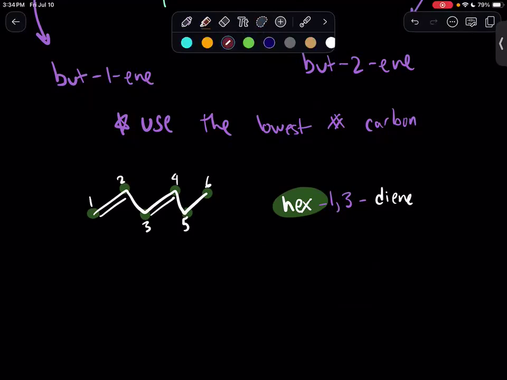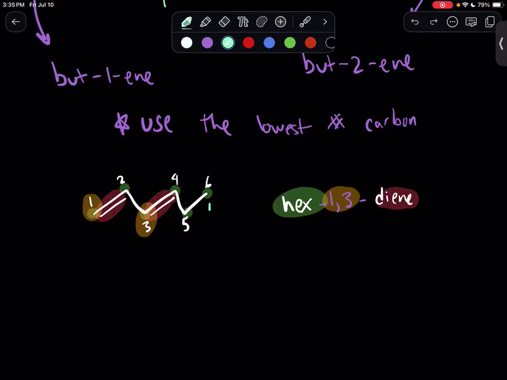And this is how we would refer to this molecule. So if we really go through it, our diene comes from these two double bonds. Our 1,3 come from the first carbons that these double bonds start with, using the lowest values. Remember, I could, of course, count from the other direction, 1, 2, 3, 4, 5, and 6, but then my numbers would be 3,5, and that's higher than 1,3, so we don't count that way.